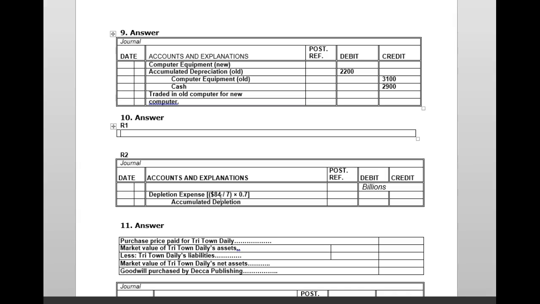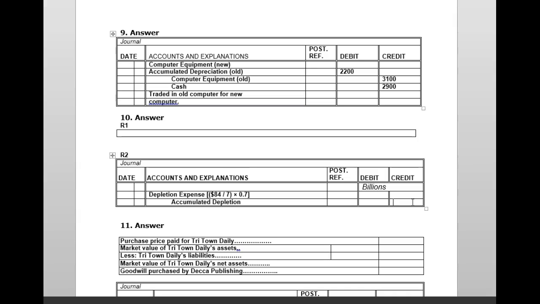That would give you, that's not right. Not back, that is right. So, and then you would multiply that times 7/10 of a billion oil that was used. And that would give you the depreciation expense and an accumulated depletion expense.